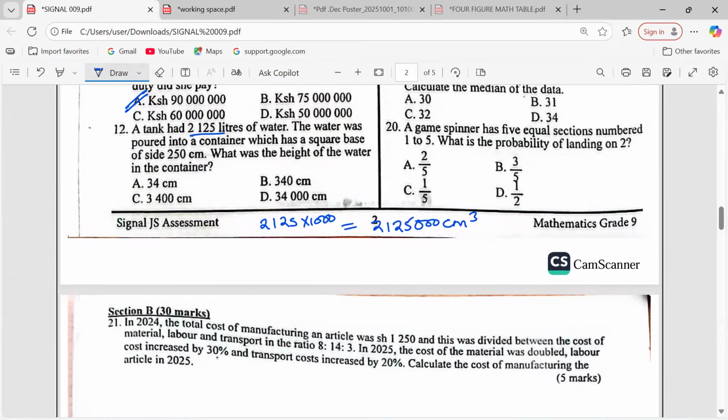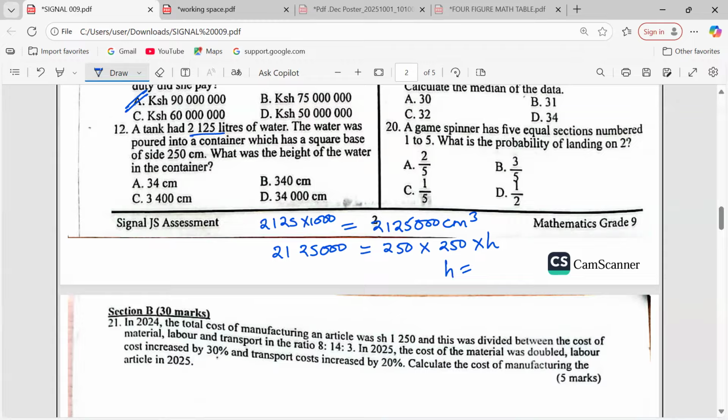So 25,000 is the volume, equal to 250 times 250 times height. Height is unknown, so we divide through by 250 by 250.